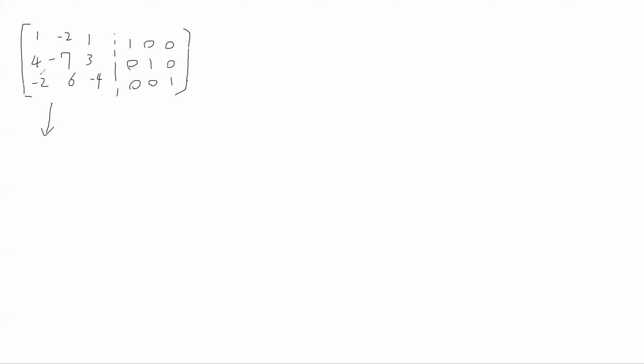I want to make these two entries 0. So R2 is going to become -4 times R1 plus R2, and then R3 is going to be 2 times R1 plus R3. Right, and let's see what we have.